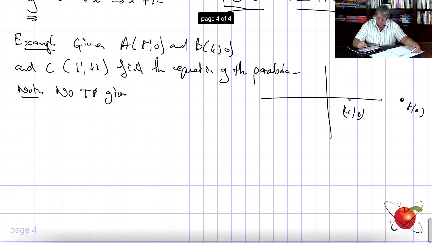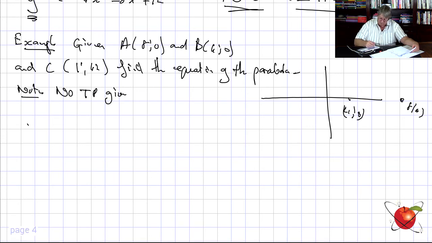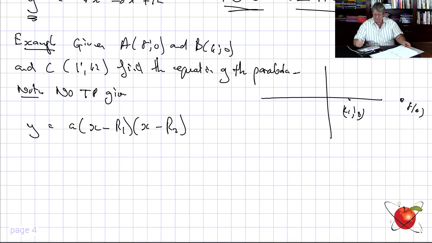So now what do we do? We go and we plug it in. They've given us that y is equal to a times x minus r1, x minus r2. Doesn't really matter. We say, okay, y is equal to that.